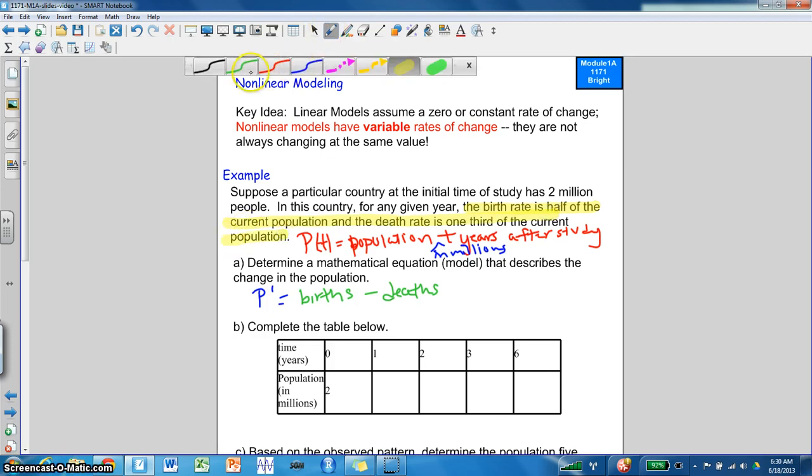Okay, and in our problem setup, we're actually given some information about the birth rate and the death rate. If I look at the birth rate, it says the birth rate is half of the current population.